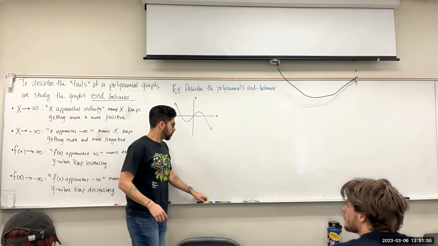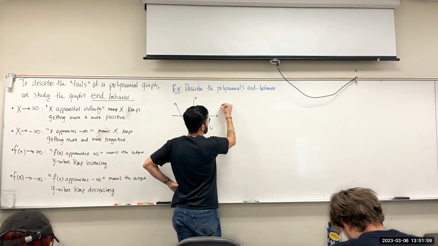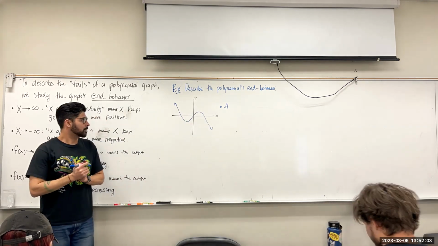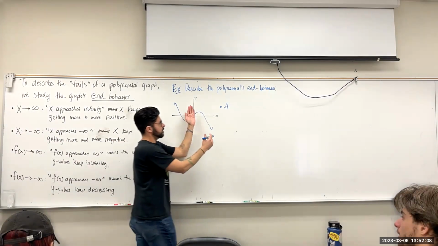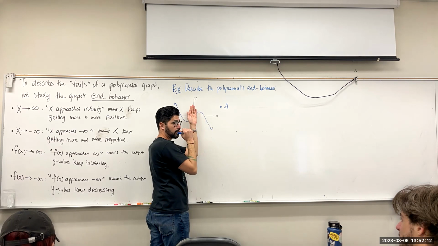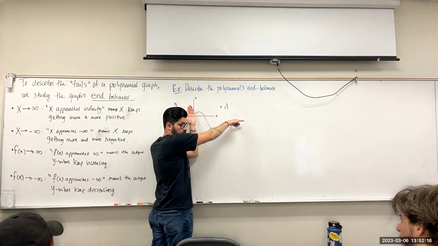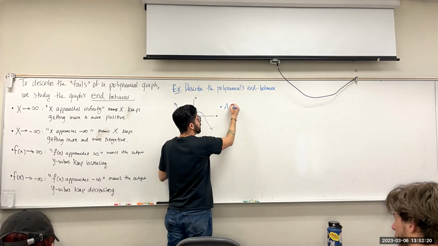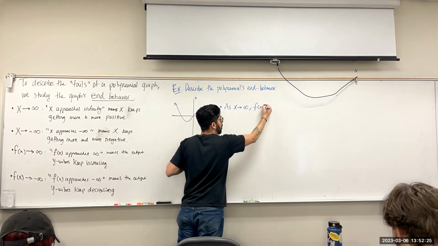So we're going to start with these two first. Remember I was telling you about the tails? Let's say I want to describe the right tail. Which direction is x approaching? Positive infinity. So if I want to describe the right tail, in math, I have to write as x approaches positive infinity, what are the y values doing?